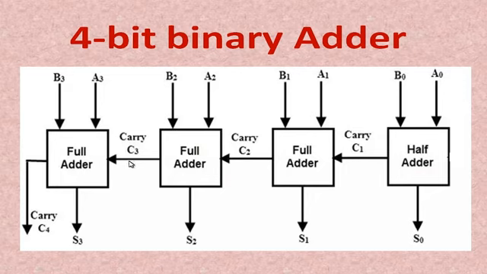Now, let us see how this 4-bit binary adder performs 4-bit addition. If we have to add two 4-bit binary numbers, let us consider these are the two 4-bit binary numbers. They are A3, A2, A1, A0. This is the first 4-bit number. Then B3, B2, B1, B0.